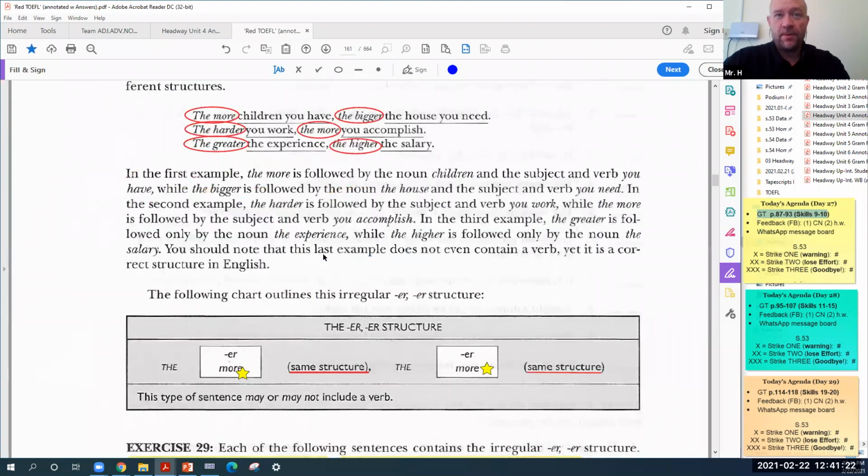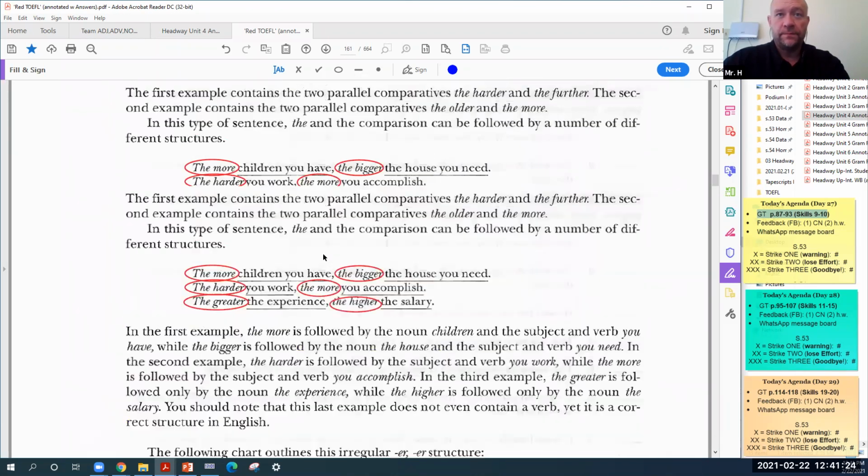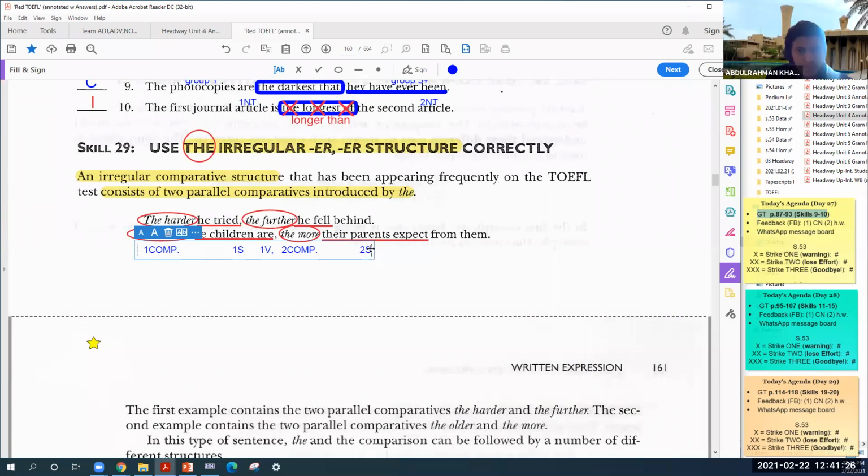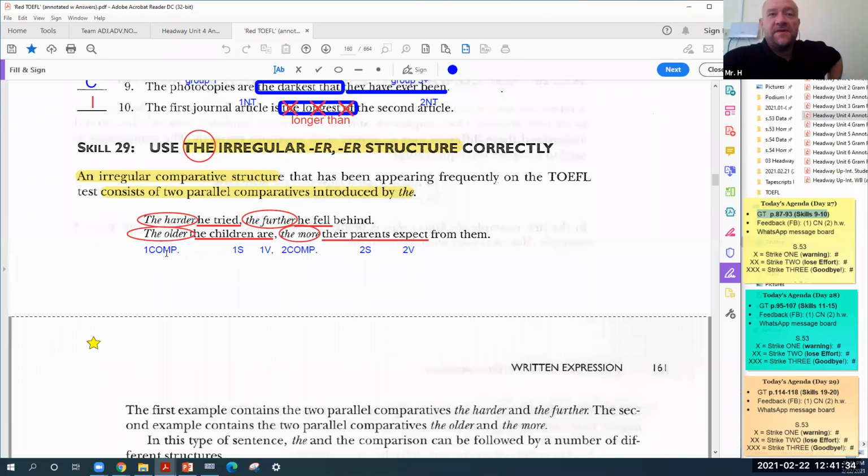And then after that, what do we have? The second verb. All right. So there you go. Here's the formula. First comparative, the older, then the subject, verb, second comparative, second subject, second verb.